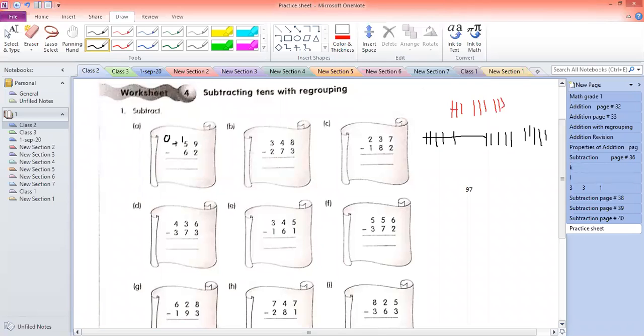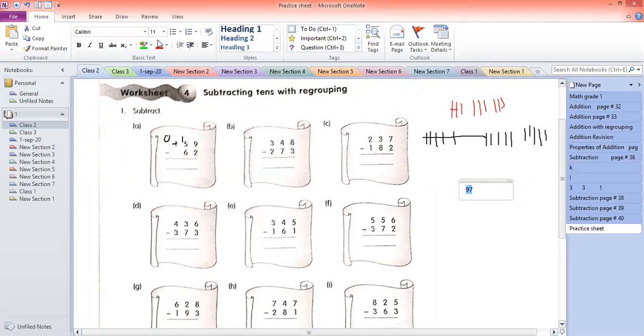So we don't need to write 0. The answer is 97. I'll write 97 here and I will take one more student for the next question.